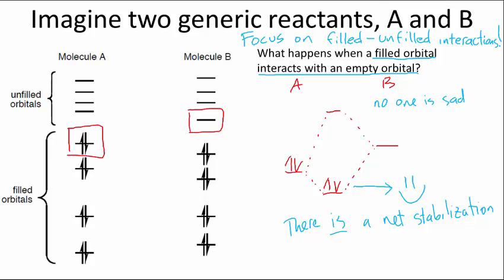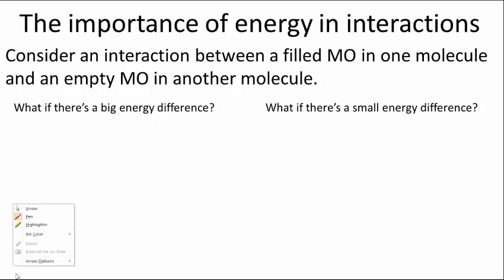So if I were to consider the interaction between, say, if there's a big energy difference, like you have your filled orbital here and your unfilled orbital way up here. Now when they interact, well, the filled orbital gets stabilized a little bit.